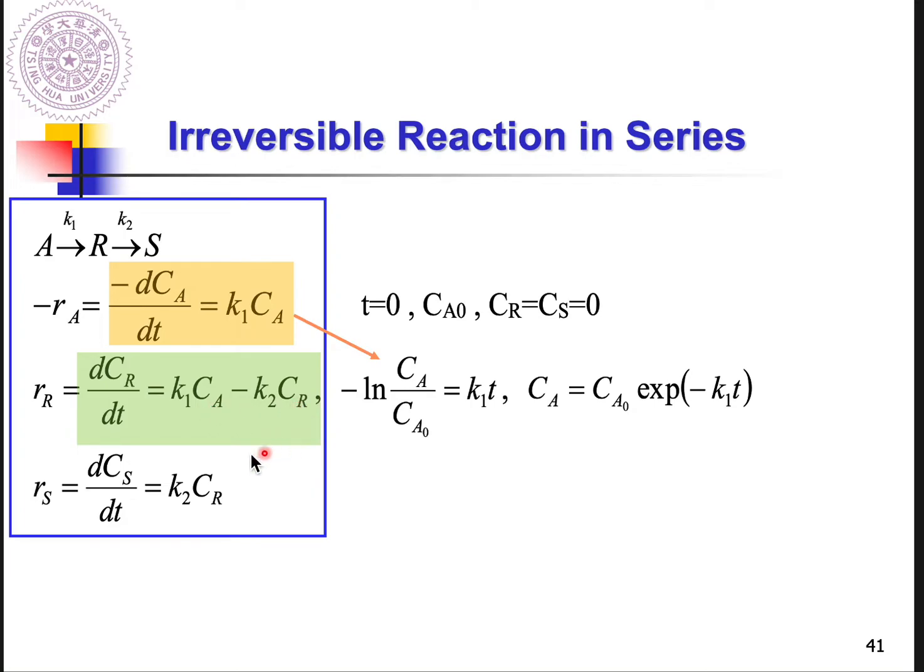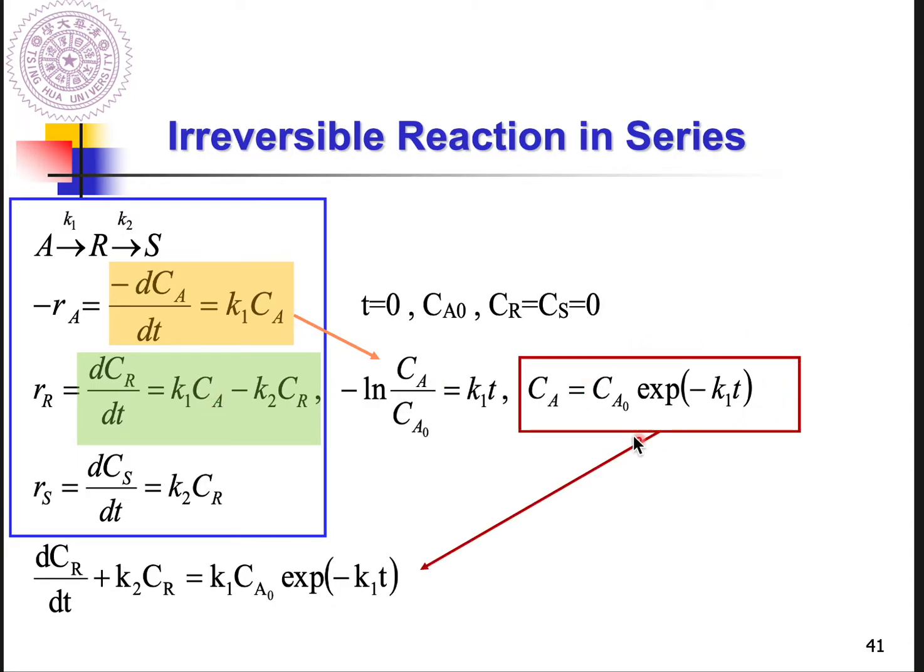And this is the differential equation of CR. We just move this term to the left-hand side, and then substitute CA with CA0 exponential minus k1t. We get this result.